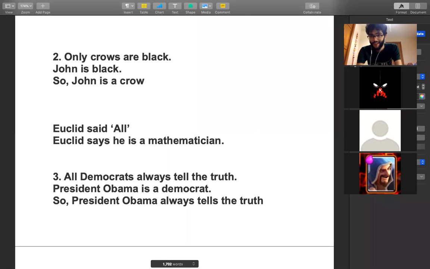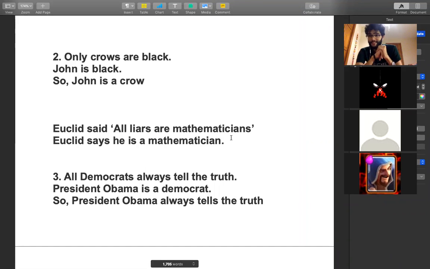Now, the final blow here. What happens now? Let's think about this for a second. Euclid says all liars are mathematicians. All liars are mathematicians.